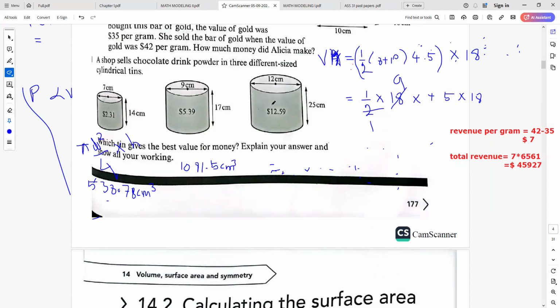Again, for the third one, we have to find the volume. The diameter is 12 here and the height is 25, which gives 2827.4 centimeter cube.